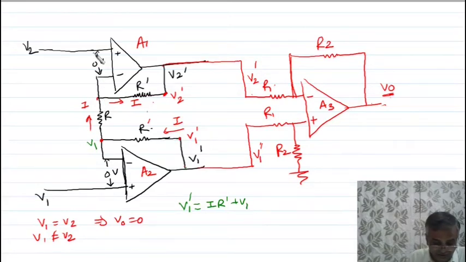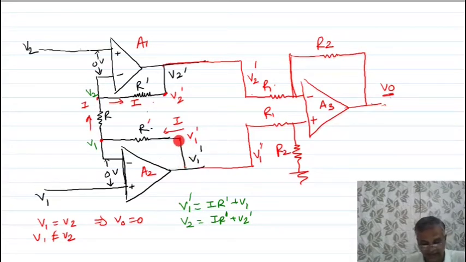Now here there is 0 potential difference, so V2 is nothing but the same. From this, current will flow like this, so V2 is equal to IR dash plus V2 dash. Don't get confused. Yes, this voltage is higher than this voltage, that's why I have taken V1 dash equal to IR dash plus V1.